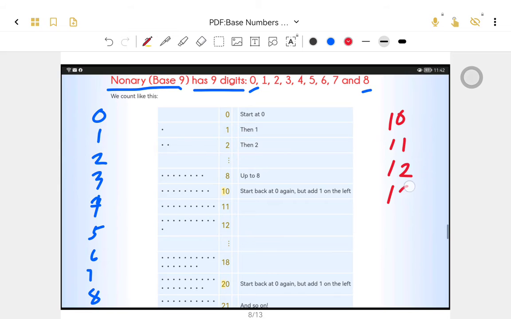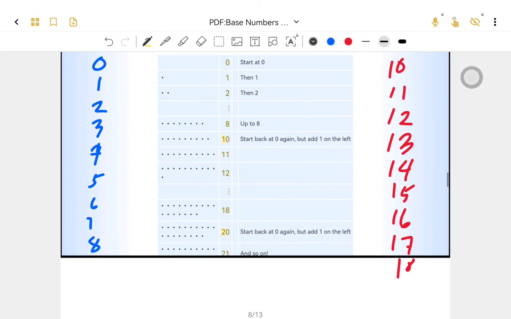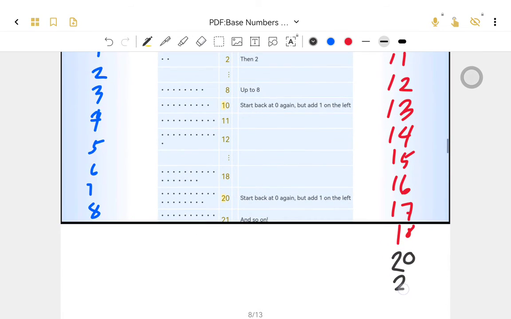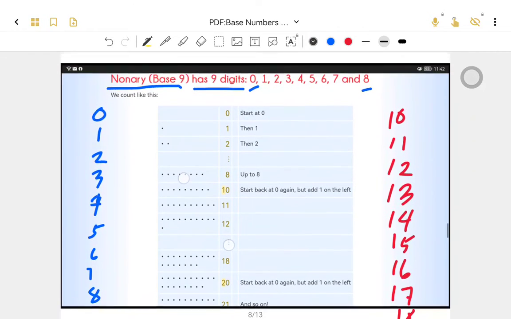After 12, 13, 14, 15, 16, 17, and then 18. After 18, you will start also with 0 but with 2 on the left. Therefore 20, next is 21, 22, and so on and so forth.